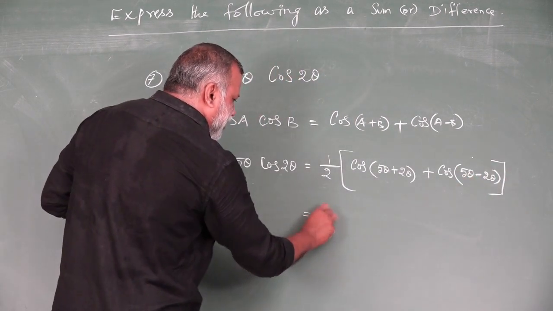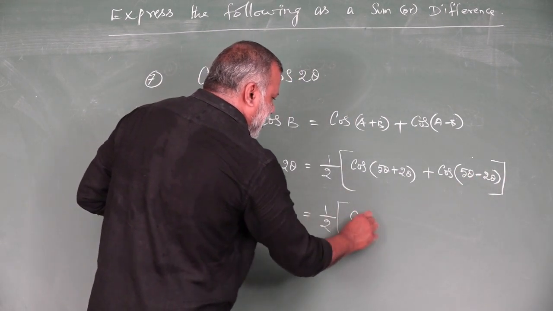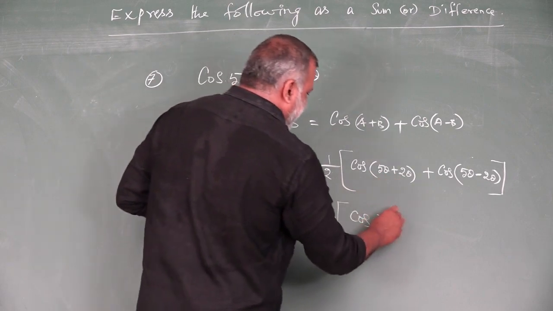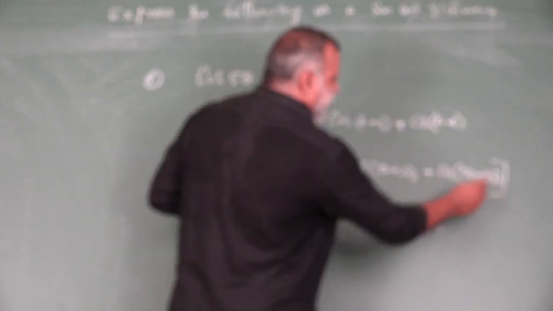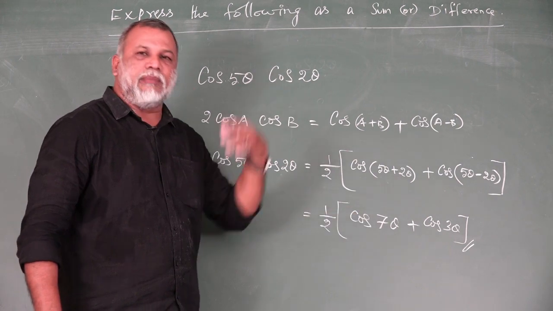Now if you are simplifying, we can get half into cos of 5 plus 2, we can get 7 theta. Here cos of 5 minus 2, we can get 3 theta. Once again the result is a summation.